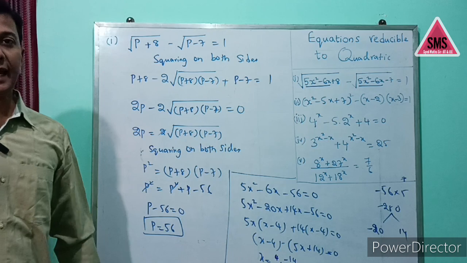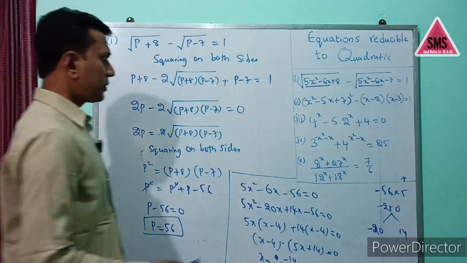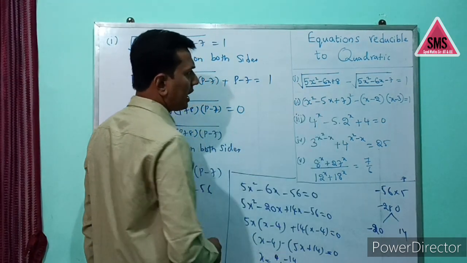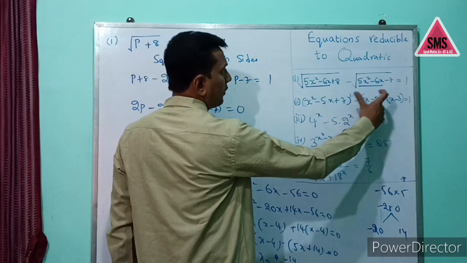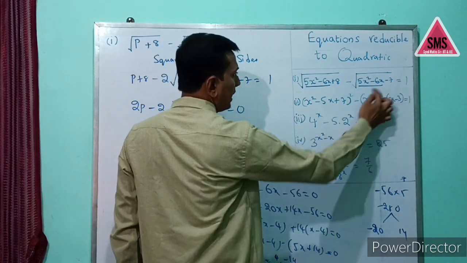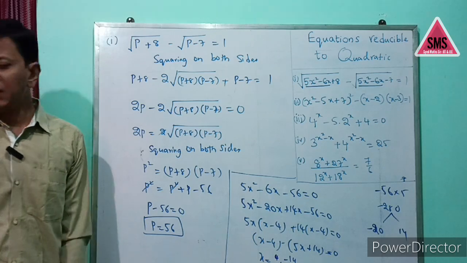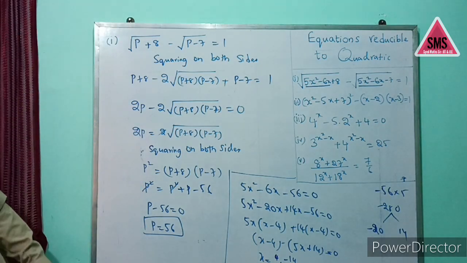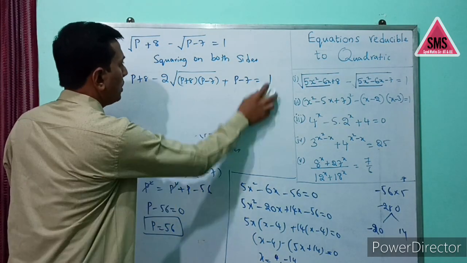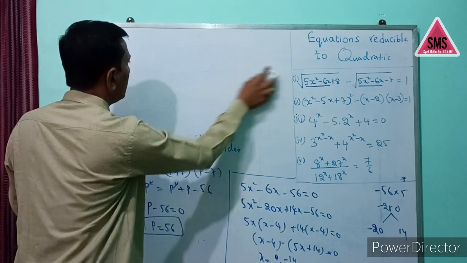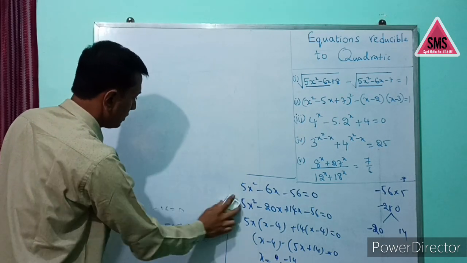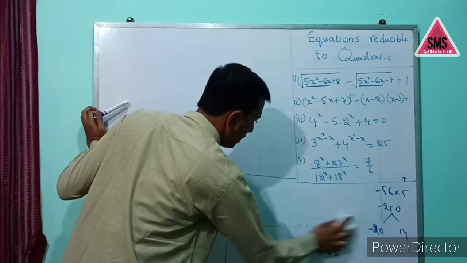Let us see the second one. In the second one, the same kind of quadratic equation is given, but if you see the other expression, it is given in factor form. So firstly we have to convert that into a normal quadratic equation by multiplication.